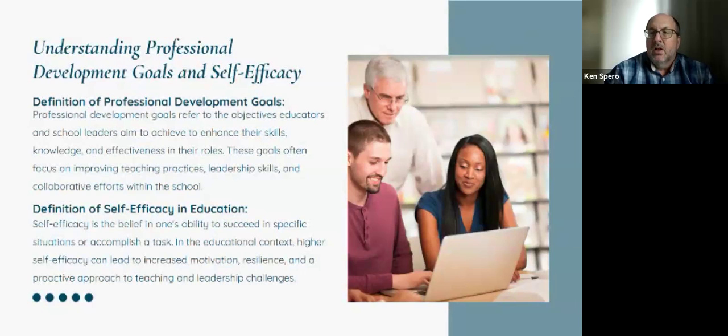Everything is going to be new in terms of how you're dealing with students, staff, parents, and communities. And it changes on a momentary basis.